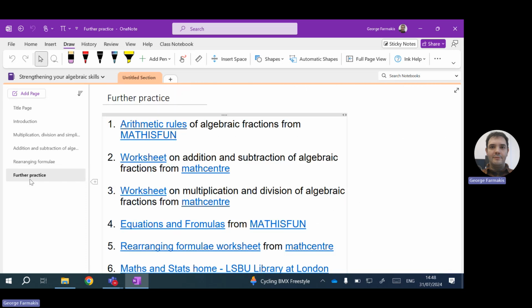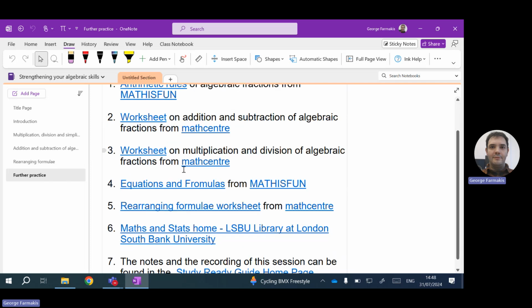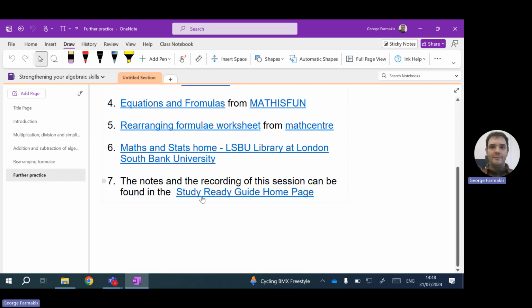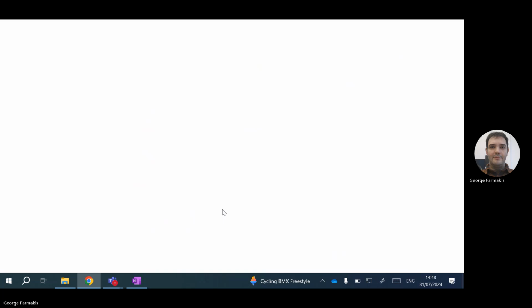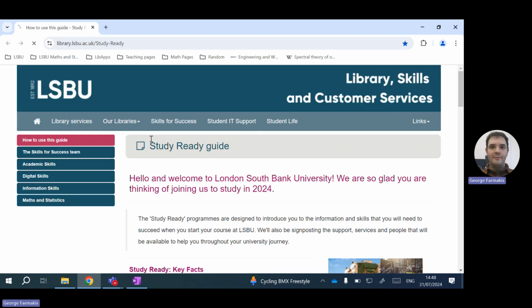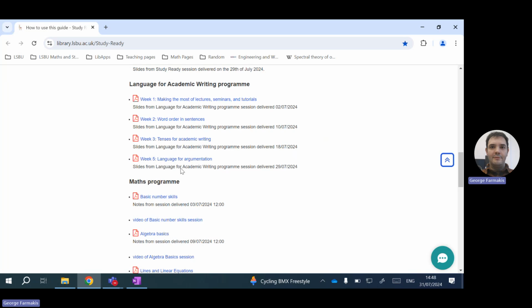Now, if you want to have some further practice, you can visit the links here. So arithmetic rules of algebraic fractions, that's fun. Essentially, you can find all these links if you go to the study ready guide. So let me open this link. If you go to this link, you can find the notes over here.